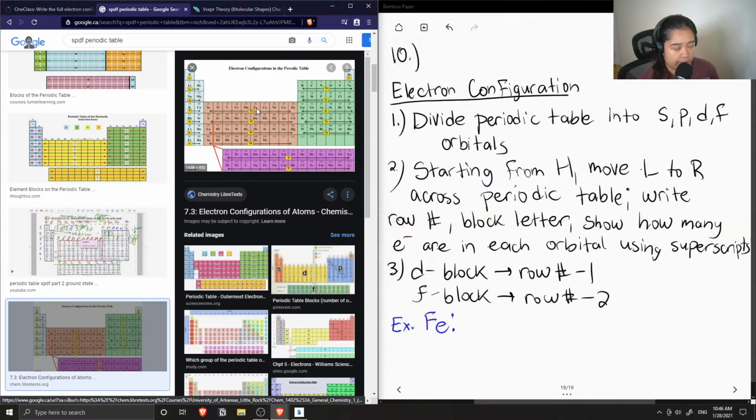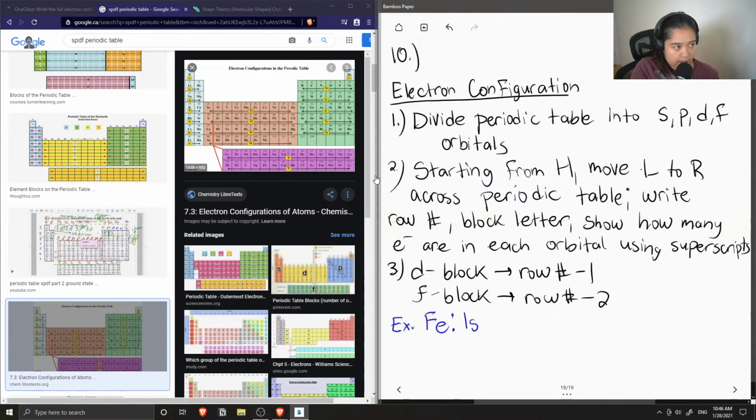So starting from hydrogen, we move left to right across the periodic table, and we write the row number, which is 1, the block letter, which is s, and then we write how many electrons are in this 1s orbital. So in this case, there can only be 2 electrons in an s orbital.